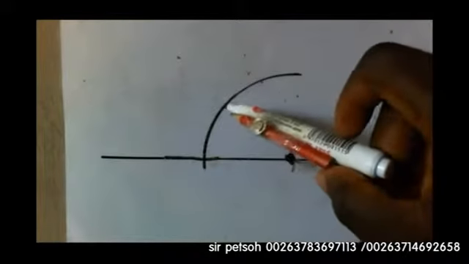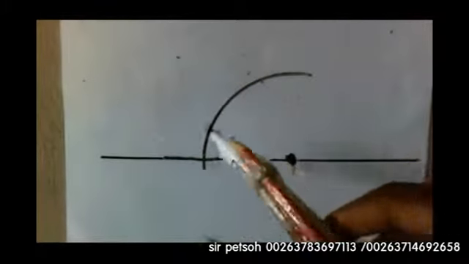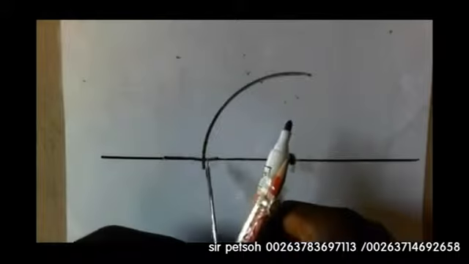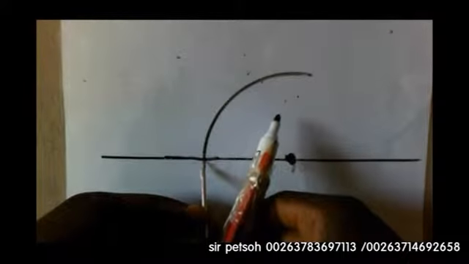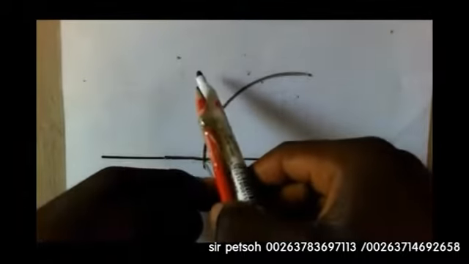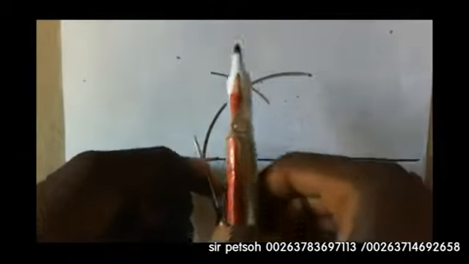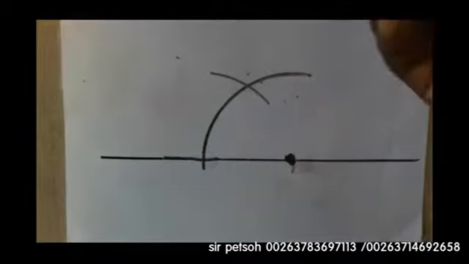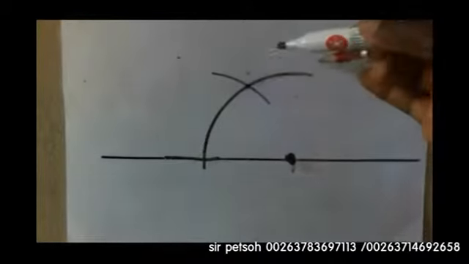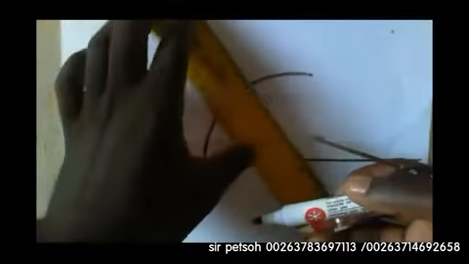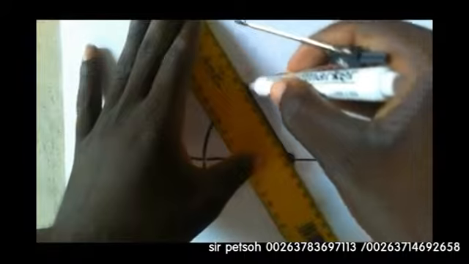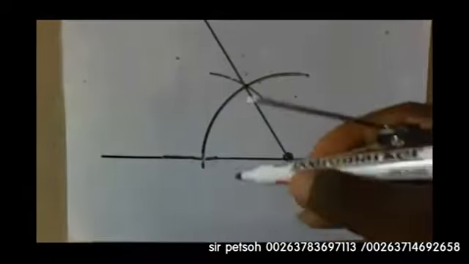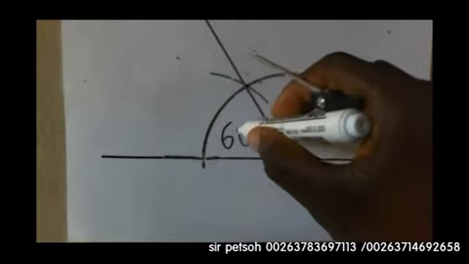Come to the point where your arc intersects with the horizontal line. Without changing radius, draw another arc. Join the point at the intersection of 2 arcs and the origin of 60 degrees. This is 60 degrees to the left side.